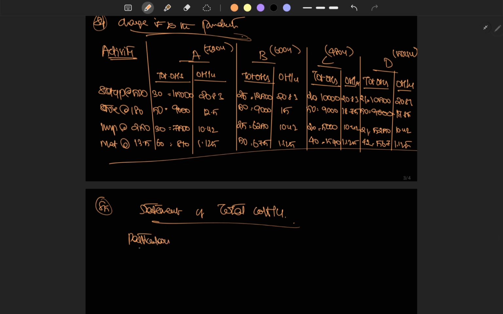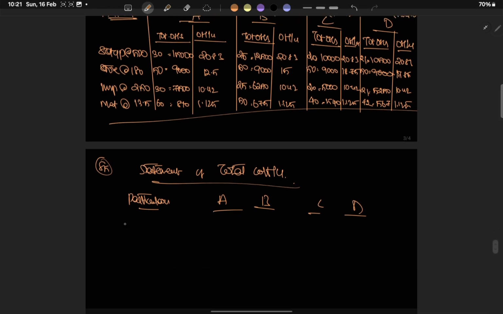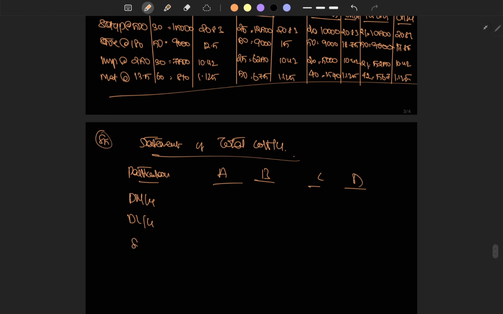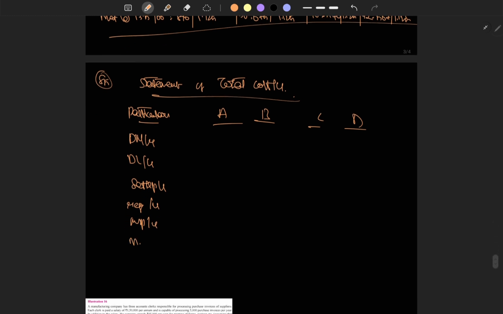Particulars: A, B, C, D, which takes direct material per unit, direct labor per unit, setup per unit, store requisition cost per unit, inspection cost per unit, material handling cost per unit. Then we can find the total cost per unit.